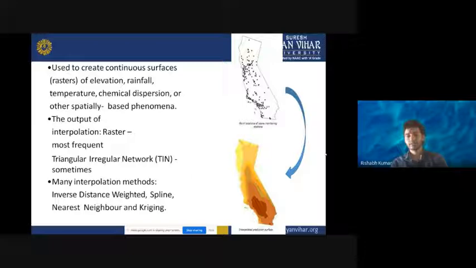These are all different types of interpolation methods, and these interpolation methods can be classified into two categories, like local as well as global, and the other is exact and approximate.